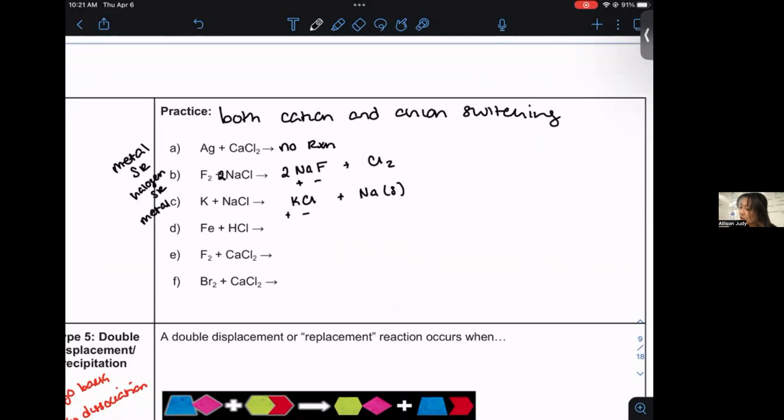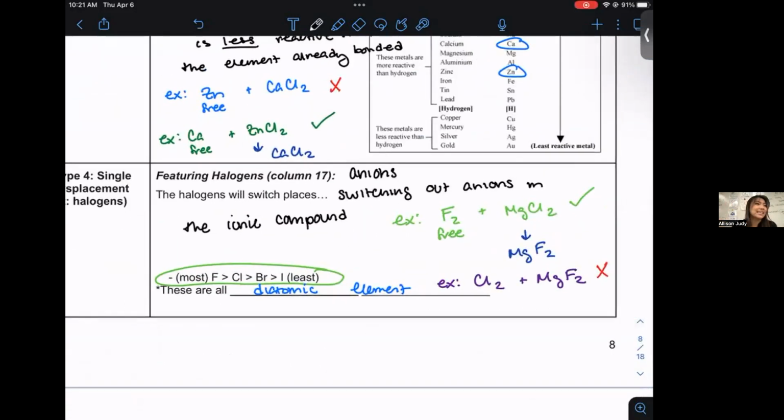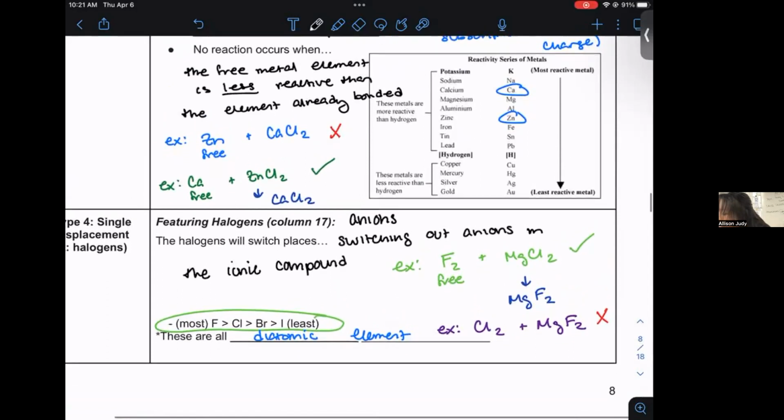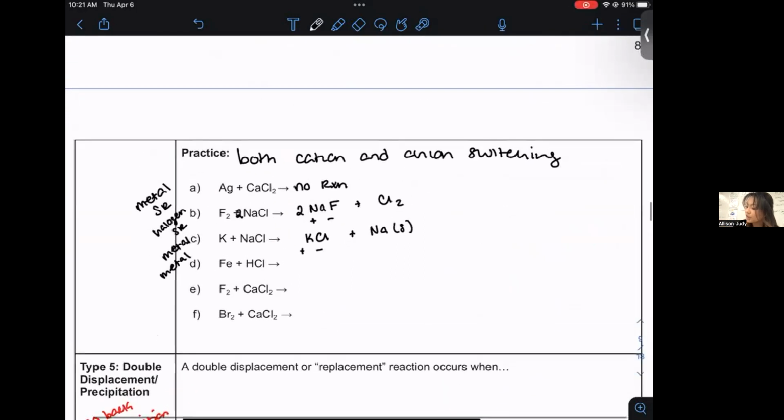Next one, we have another metal single displacement. Okay, here we have iron versus hydrogen. And the hydrogen is technically not a metal, but it acts like a metal in ionic compounds only. So we see iron versus hydrogen. Ooh, iron is more reactive than hydrogen.